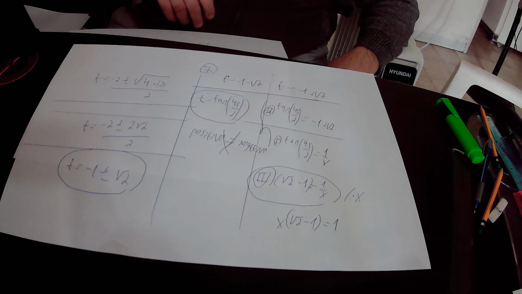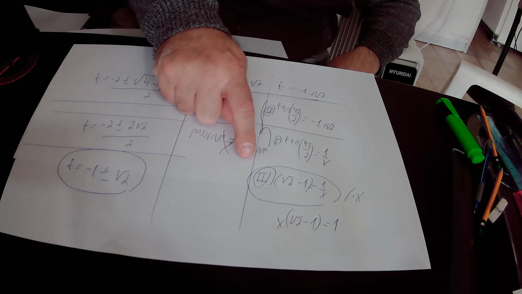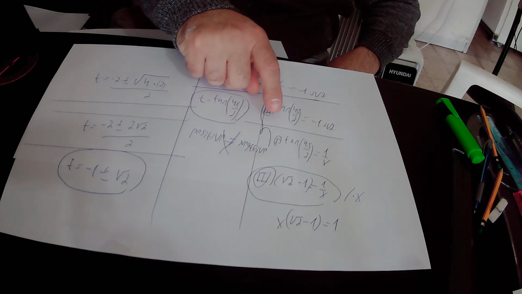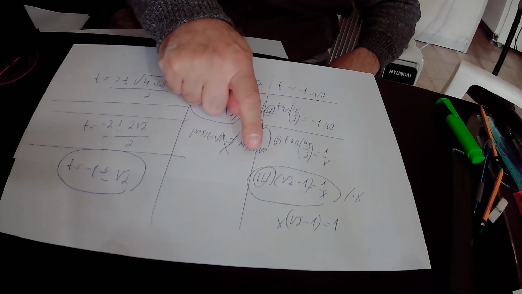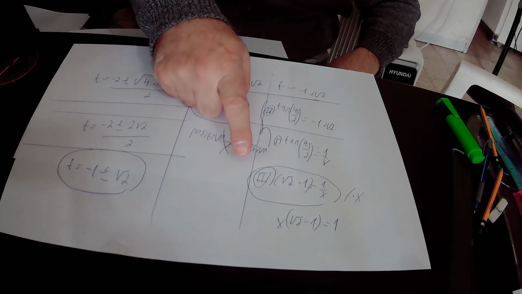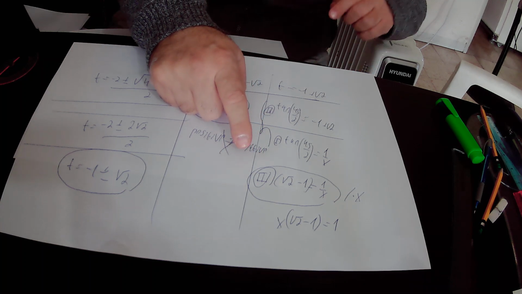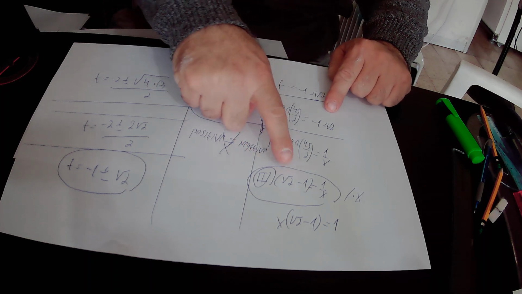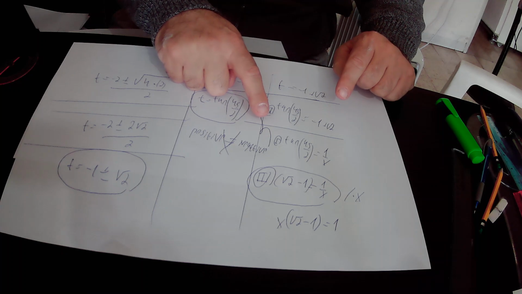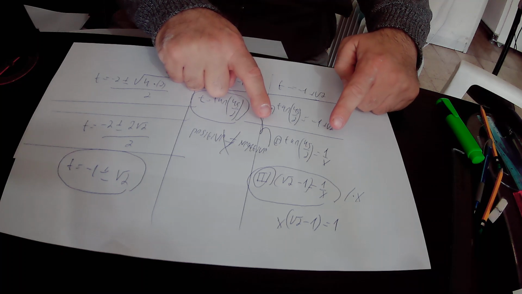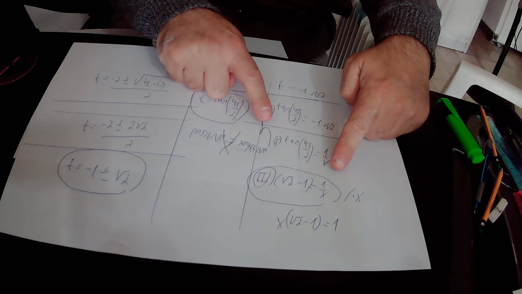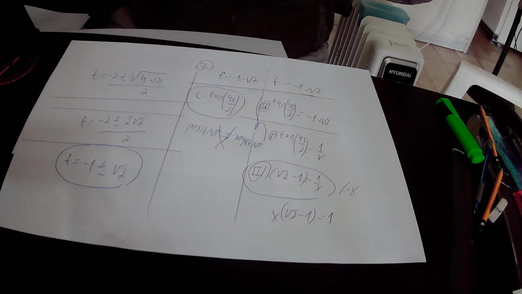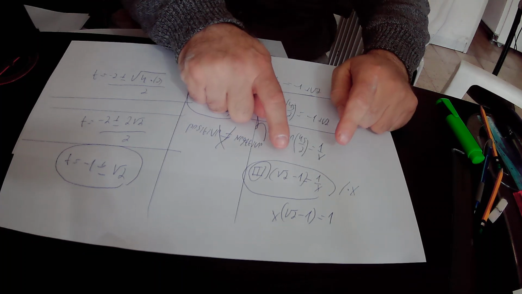Then we created equation number 3, which states that tangent of 45 degrees over 2 according to equation number 2, that is the square root of 2 minus 1, must be equal to tangent of 45 degrees over 2 according to equation number 1, that is 1 over x.